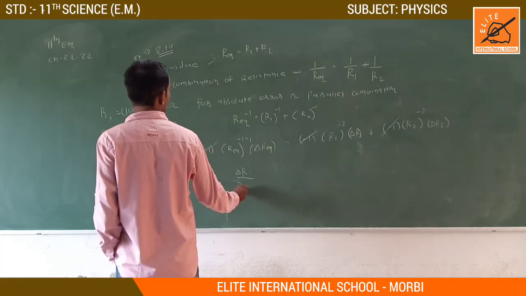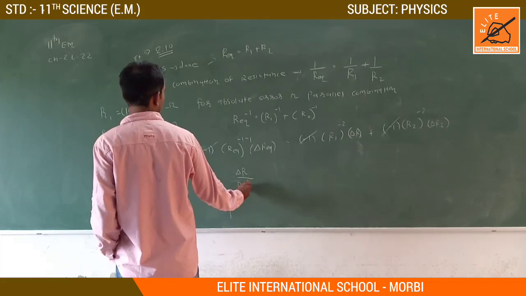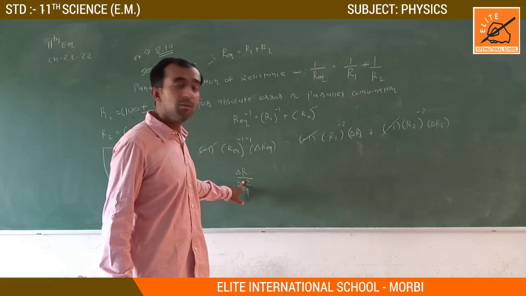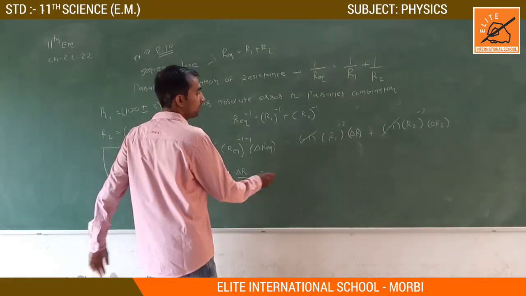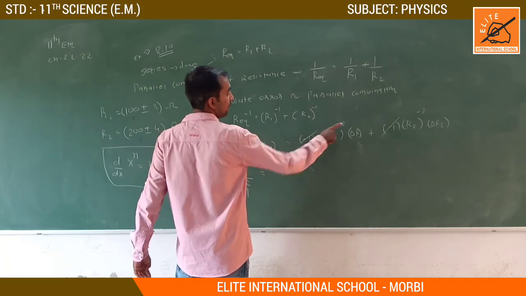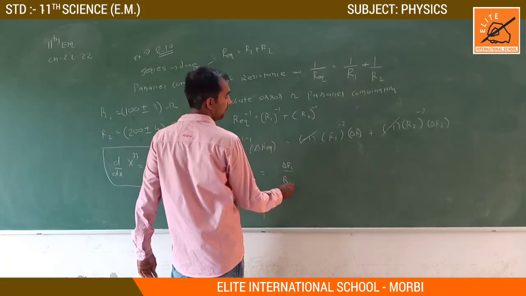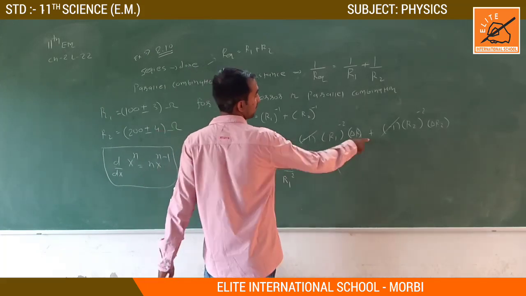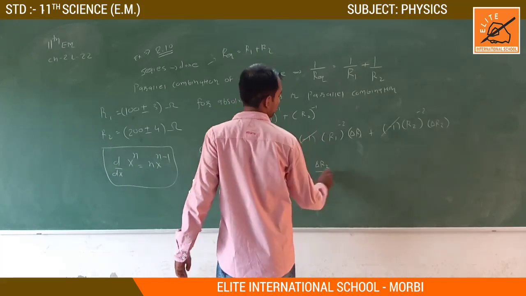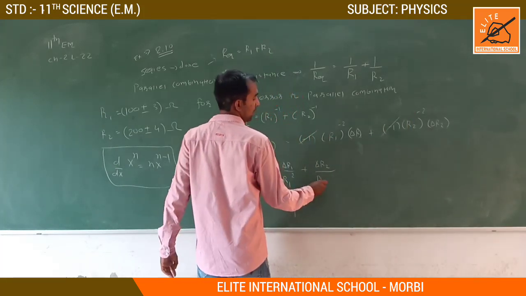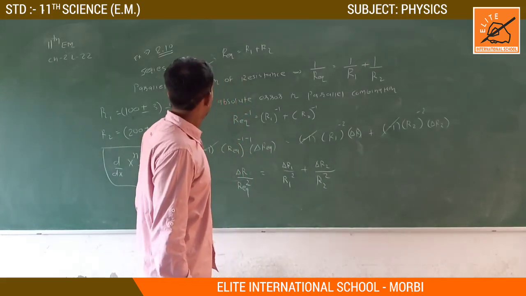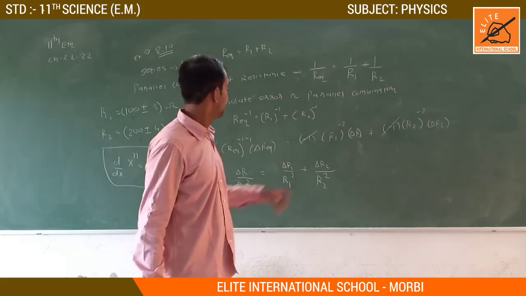Delta R upon R equivalent to the power minus 2 equals delta R1 upon R1 to the power minus 2, in the denominator power will be plus 2, plus delta R2 upon R2 to the power plus 2. Now what we have to find? Absolute error in the parallel combination.